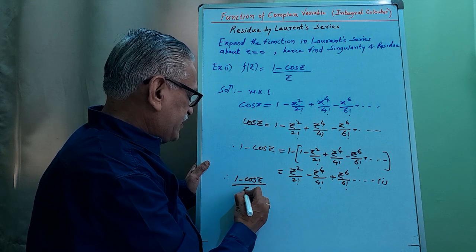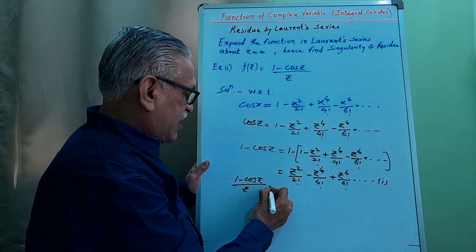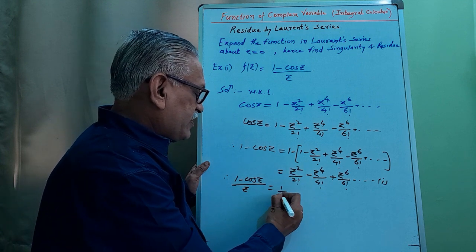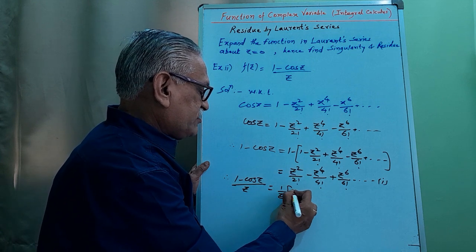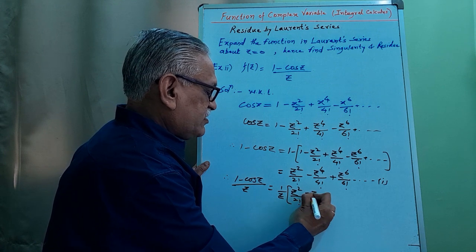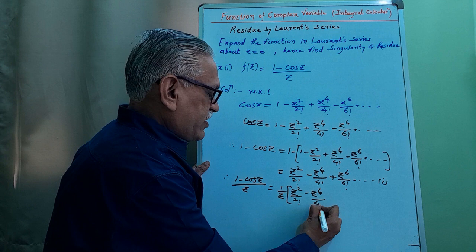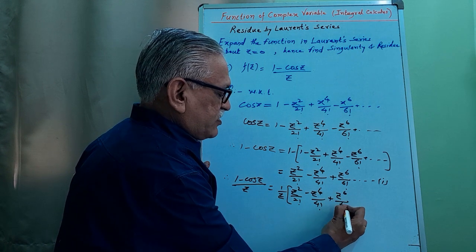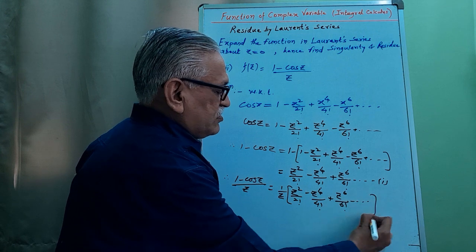Therefore, 1 minus cos z whole divided by z, dividing by z throughout, we get 1 by z multiplied by this series, z square by 2 factorial minus z raised to 4 by 4 factorial plus z raised to 6 by 6 factorial and so on.